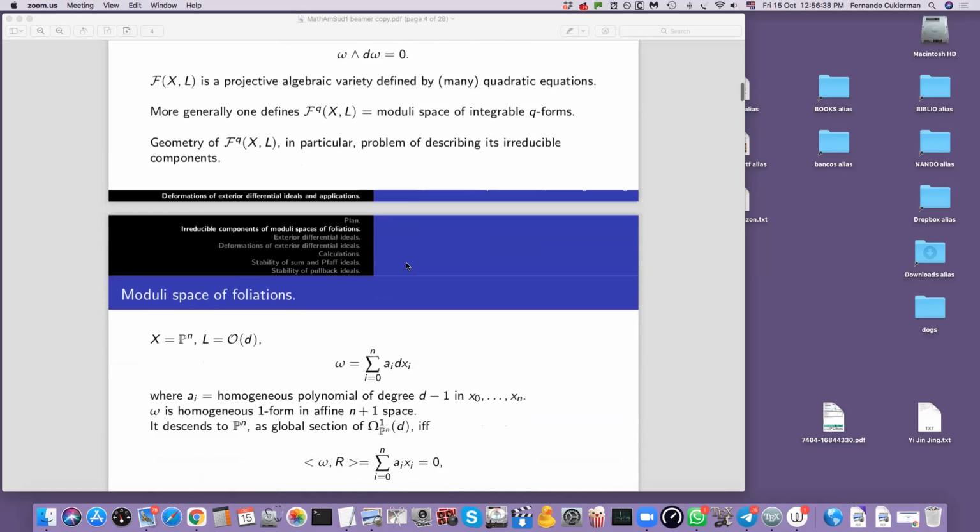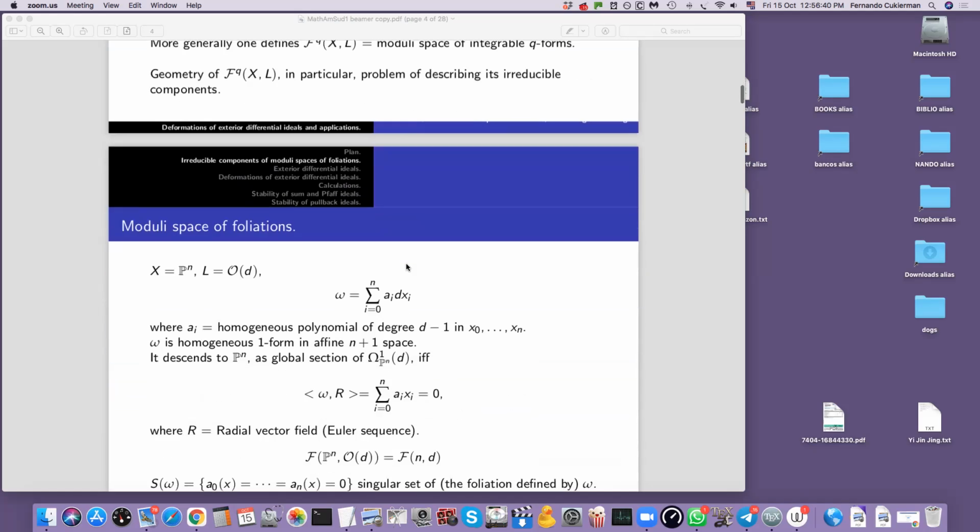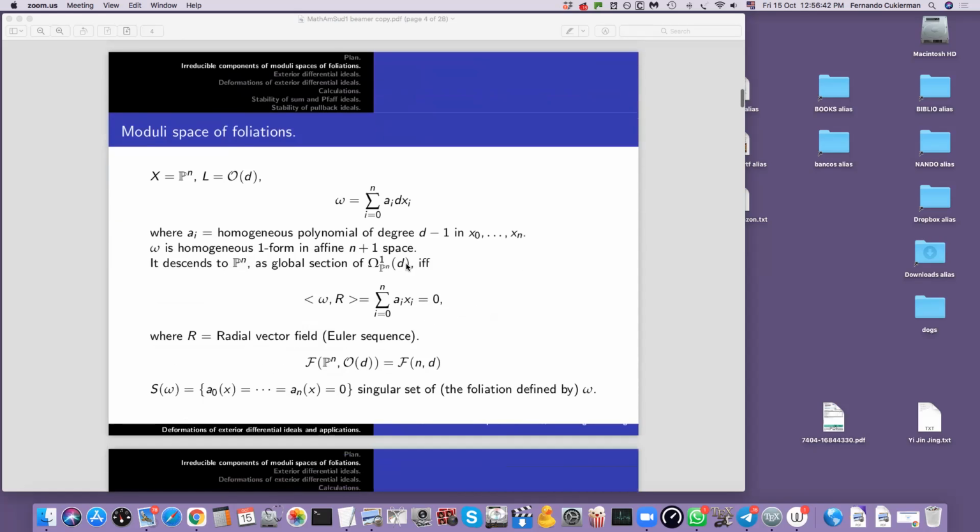Let's take a look at a few simple examples. Suppose X is P^n, then the line bundle is some O(d). Omega is written like this, a one-form with coefficients which are polynomials, all of the same degree.